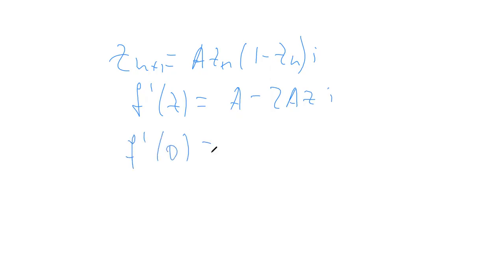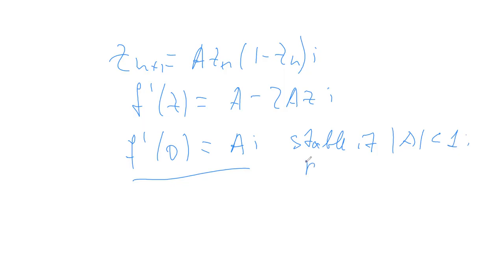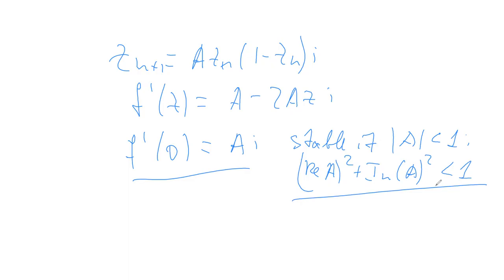The derivative at 0 is a. So this is stable if the modulus of a is less than 1, or the real part of a squared plus the imaginary part of a squared is less than 1. So this is the condition for z equal to 0 to be stable.